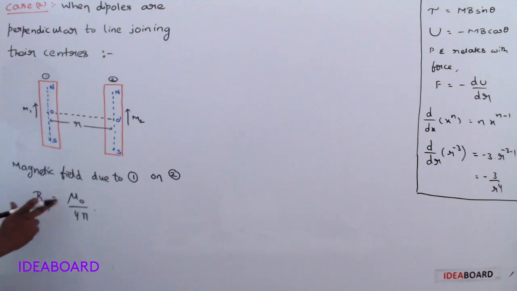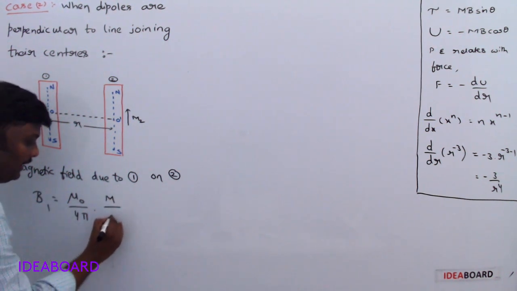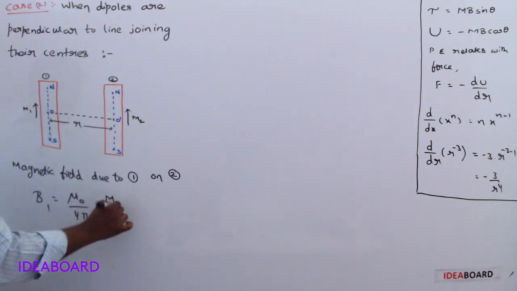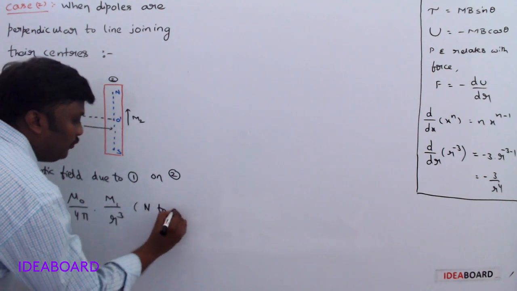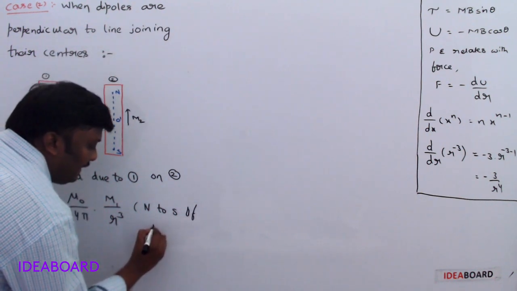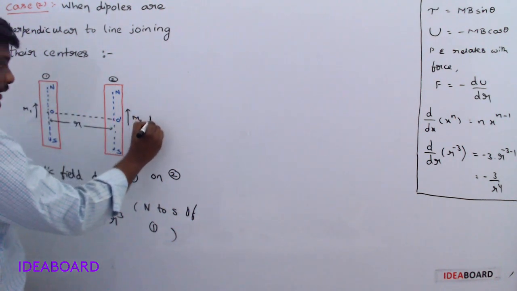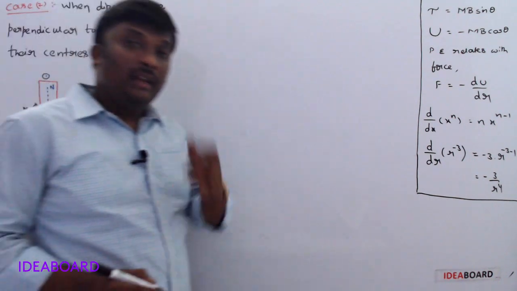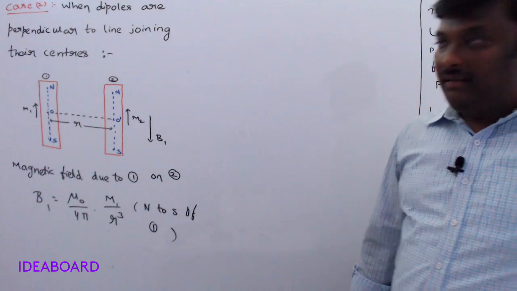So the magnetic induction on the equatorial line is mu naught by 4 pi m by distance cube. Here, due to the first one, I am using M1. The direction is north to south of the first magnet, so here B1 is acting in the downward direction. Understand?